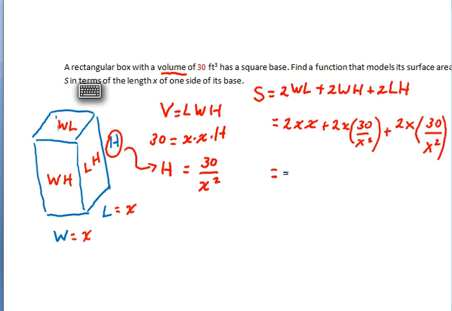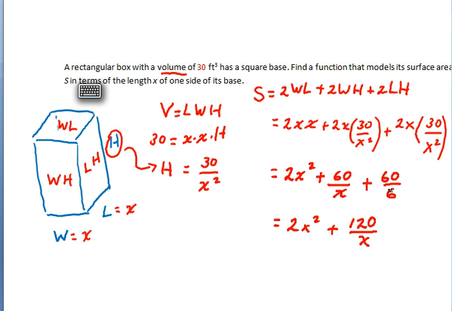So we get 2x squared plus 60 over x plus 60 over x, or 2x squared plus 120 over x.